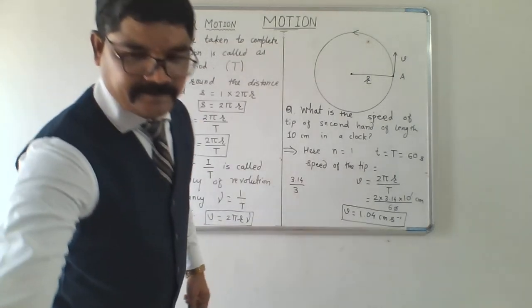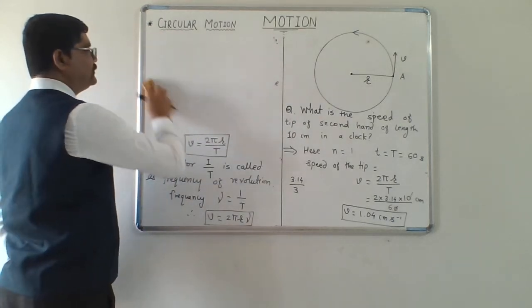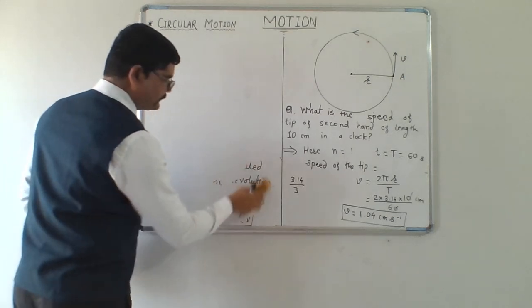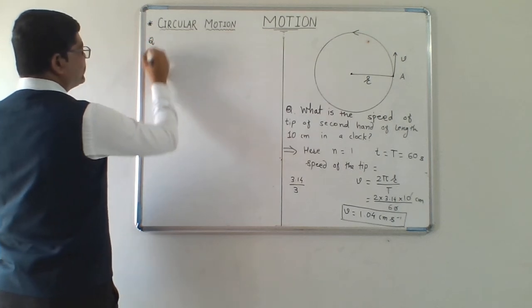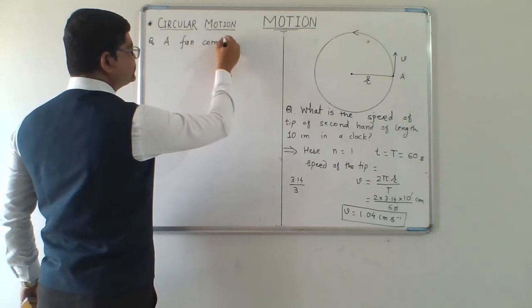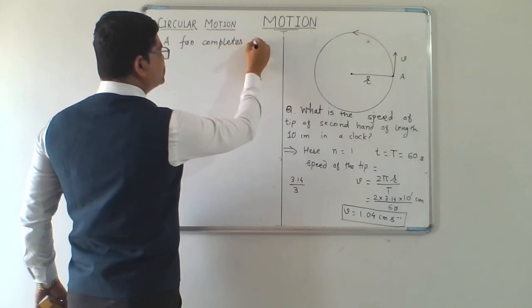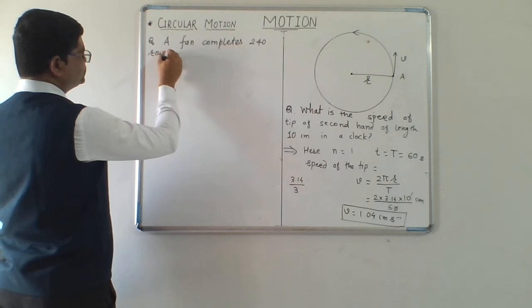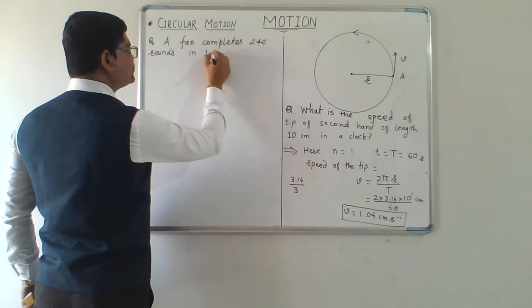Just let me write it here. A fan completes 240 rounds in 1 minute.